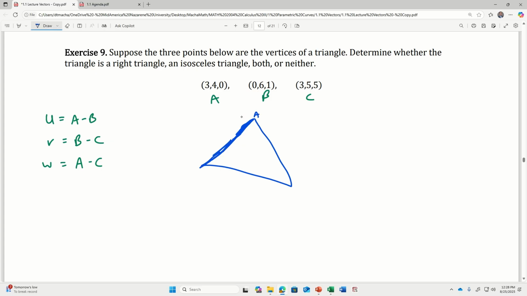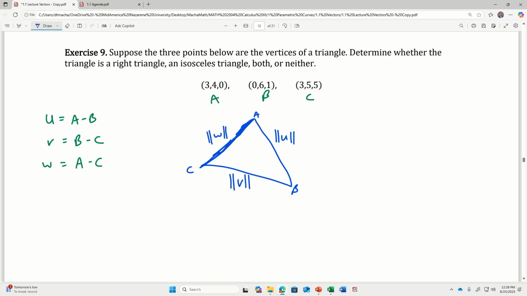Between point A, B, and C. The norm of U is going to be that side length. The norm of V is going to be that side length. And the norm of W will be that side length.